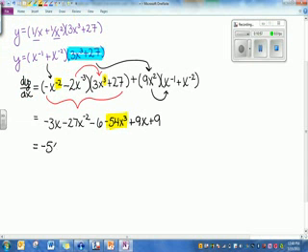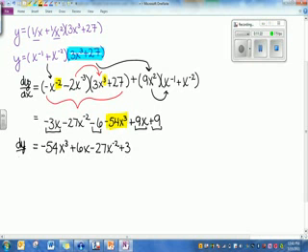So I've got negative 54x cubed. Then combining like terms, I've got negative 3x plus 9x, so that's plus 6x. Minus 27x to the negative 2. And then I've got negative 6 plus 9, which is positive 3, plus 3.